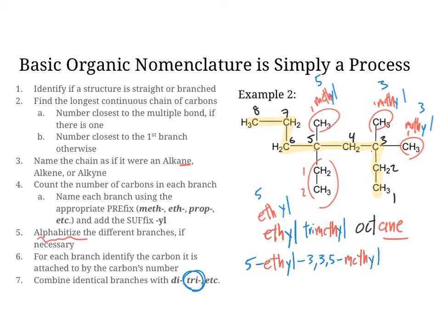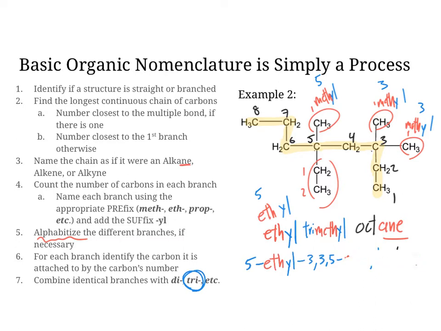And then I'm just going to simply add octane to it, like that. So this would be my final answer. 5-ethyl 3,3,5. Oh, I forgot something. Darn it. See, this is how I make mistakes when I sometimes go a little bit fast.